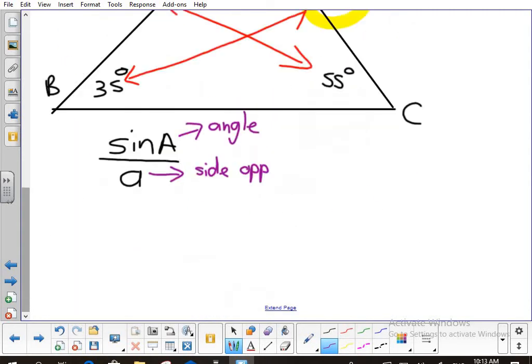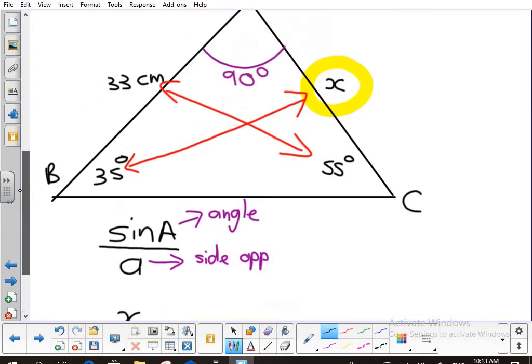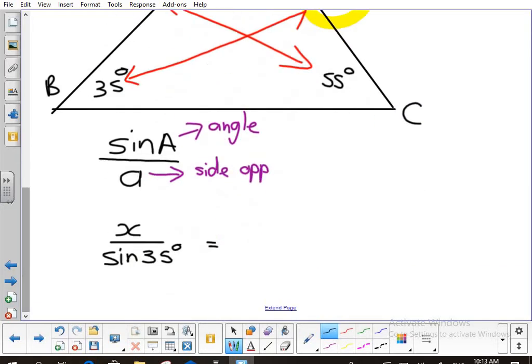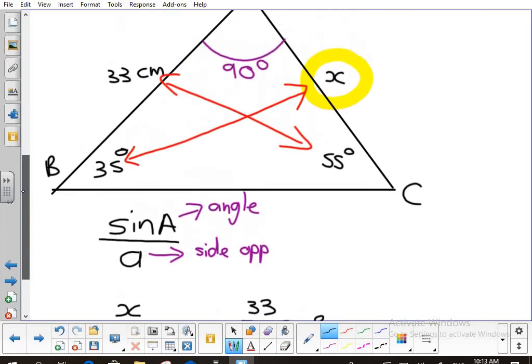So I'm going to say this: X over the sin of 35 is equal to 33 over the sin of 55. Excuse me. So where does that come from?